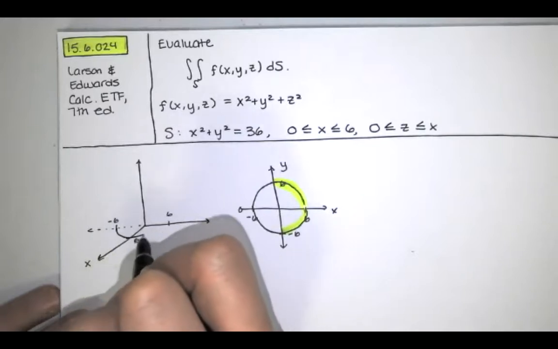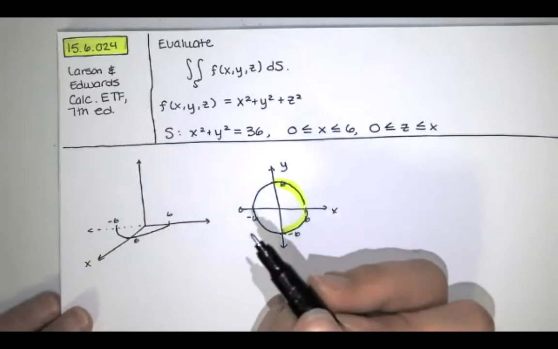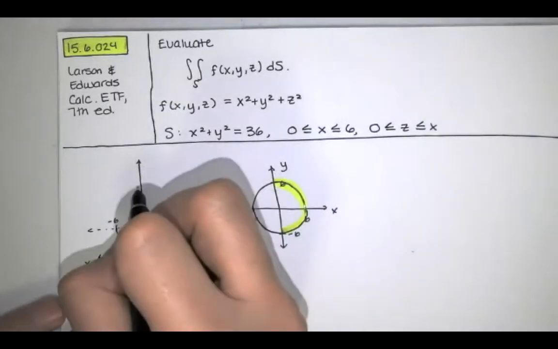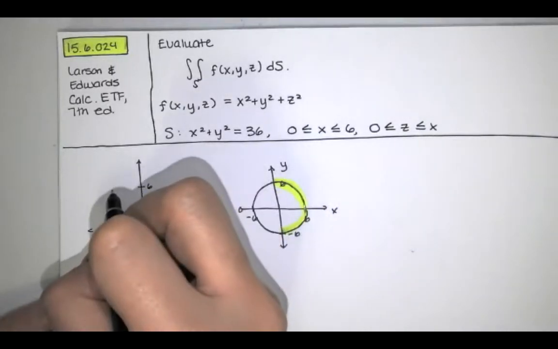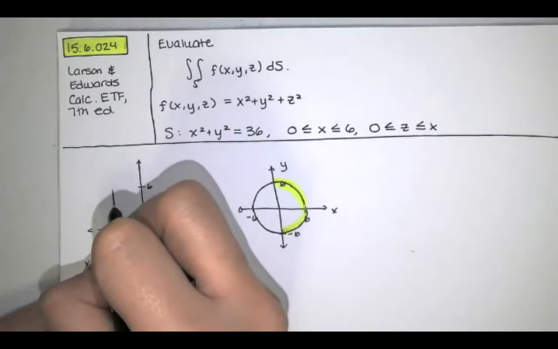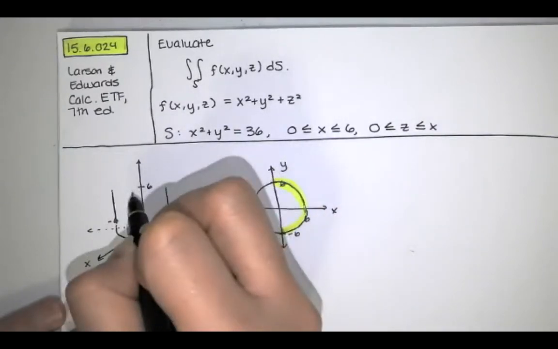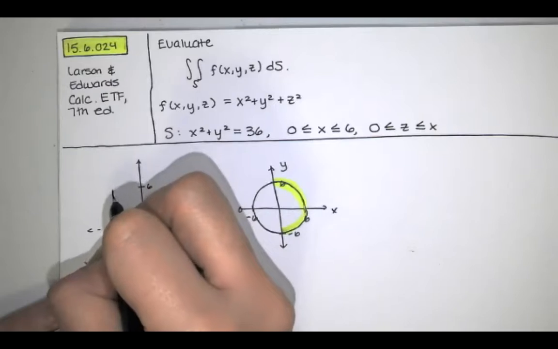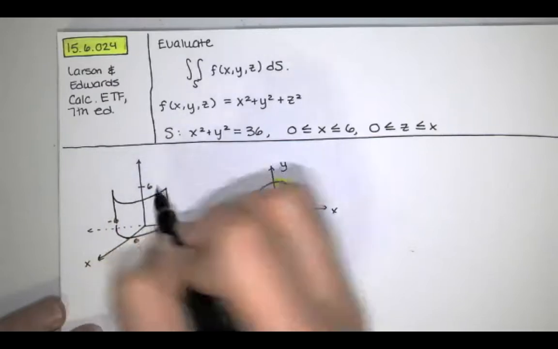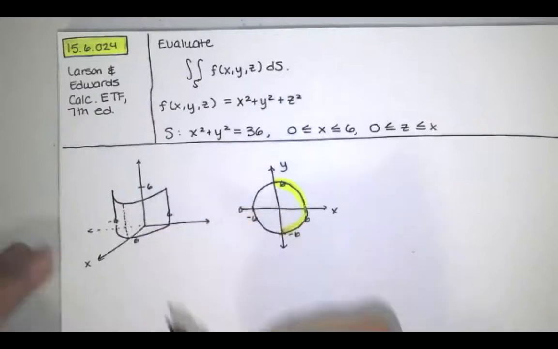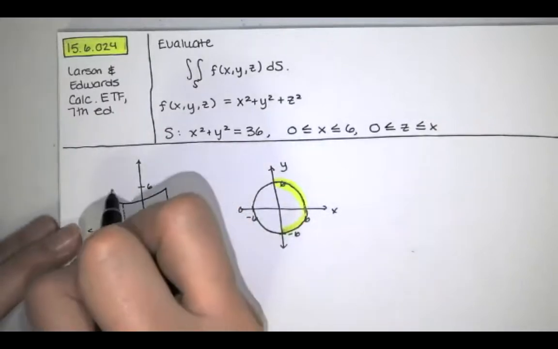And we're just seeing half of that cylinder. Now, if z also went from 0 to 6, it would look something like this. I'd have an edge of my surface over here, and then I'm trying to draw the exact same cylinder up here. So that would be my surface.